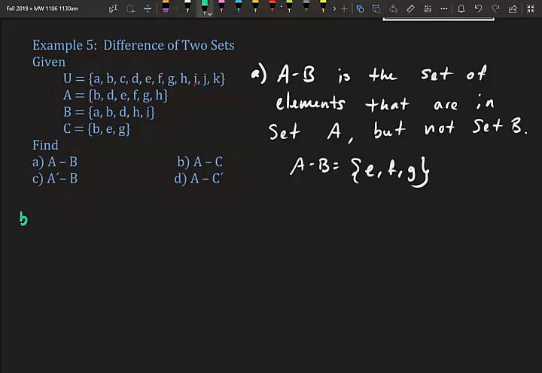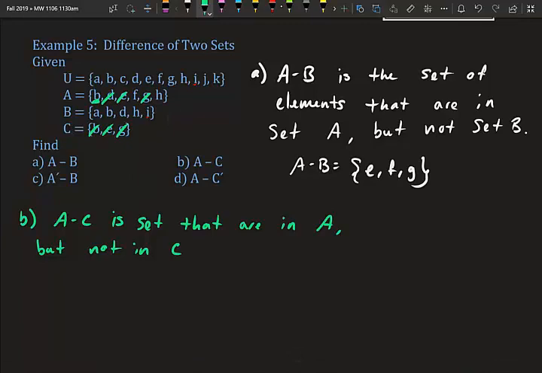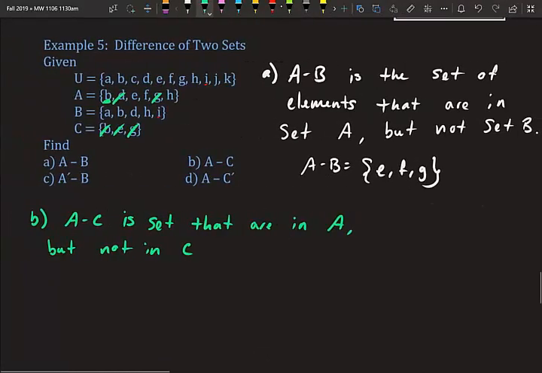Part B wants us to do A minus C. So what that is asking is the set that are in A but not in C. So in A and C, what they have in common is B, E, and G. So everything else is what is left over.